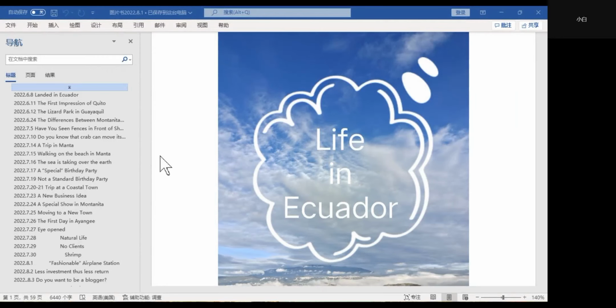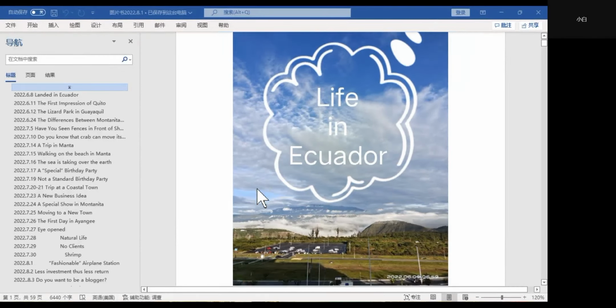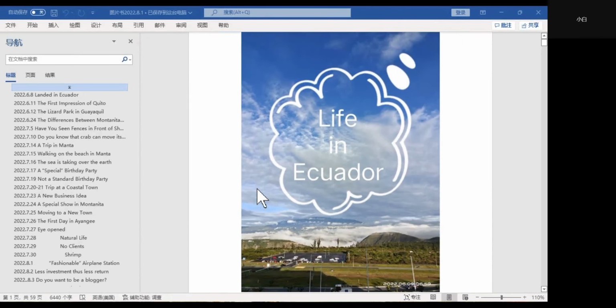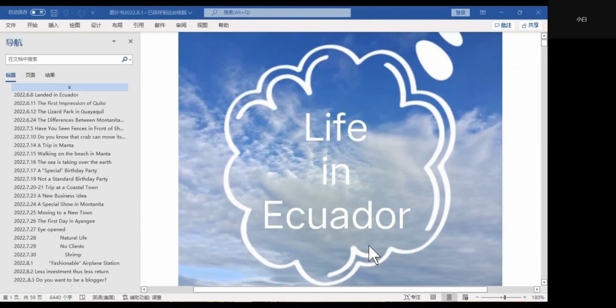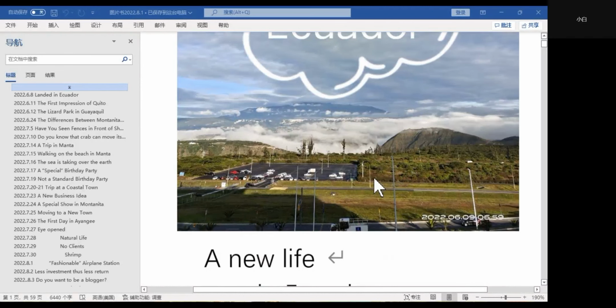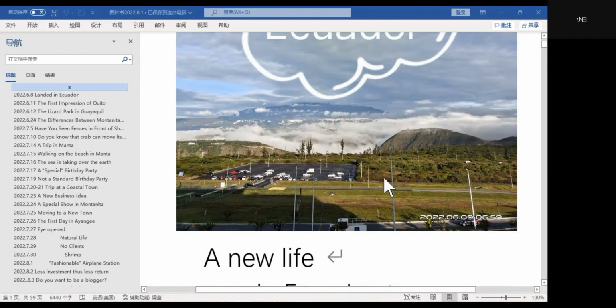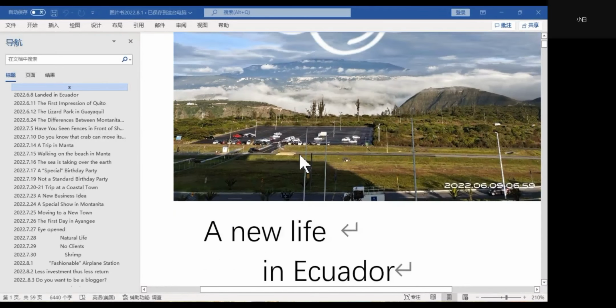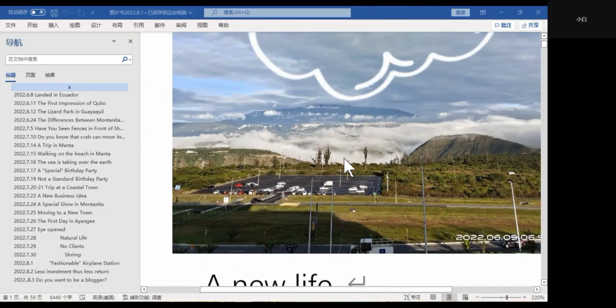And first I want to show the picture clearly here. This is a picture from the airplane. This is the picture I took at the airplane in Ecuador. And here you can see clearly the clouds, the mountains, the trees, and also the cars here.